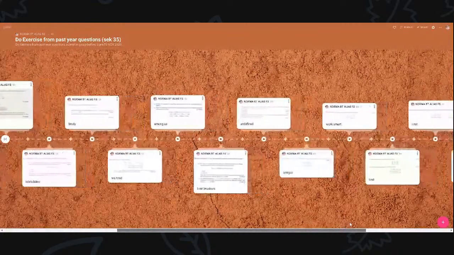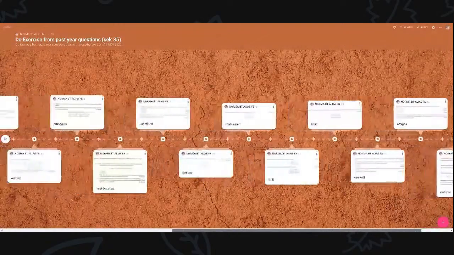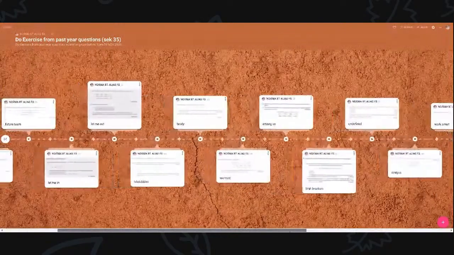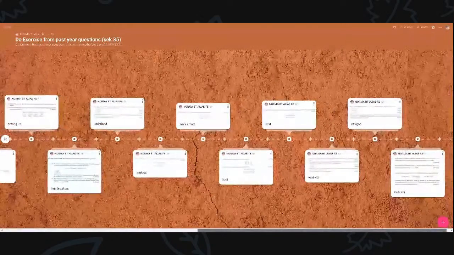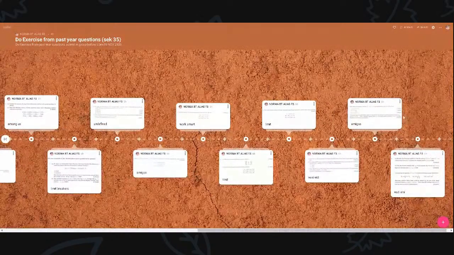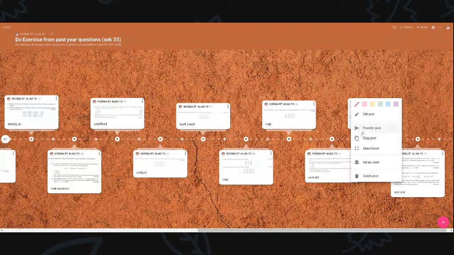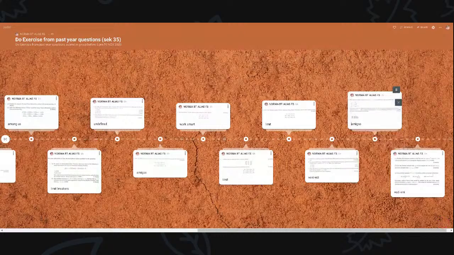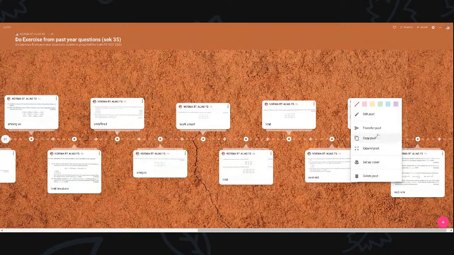I also inserted the groups who are going to complete the exercises. There are 18 exercises. The repeated group will answer this exercise, and what you do is edit, then post your exercise here.